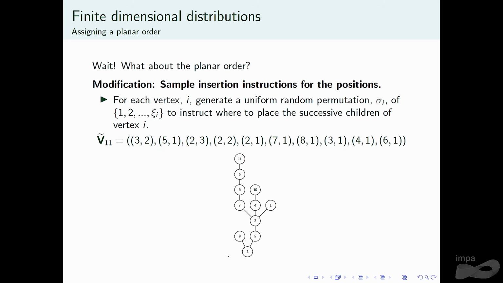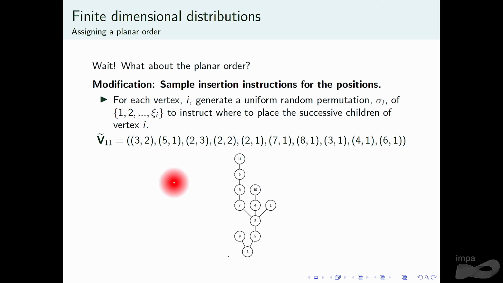So if we think about our previous example with the tree that we constructed, instead maybe we would use this kind of input, where now the second coordinate of all of the entries tells me what position I'm going to be putting its next child into. So I had 3. Here we have 3, 2, which means that 5 will be put in the second position.